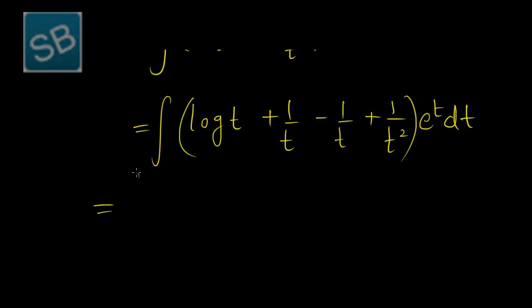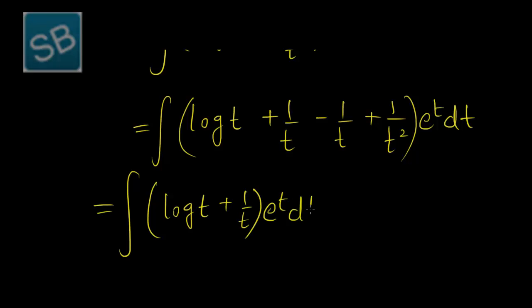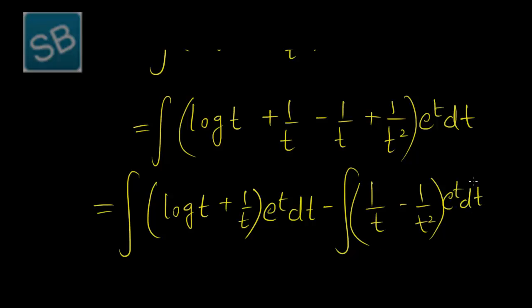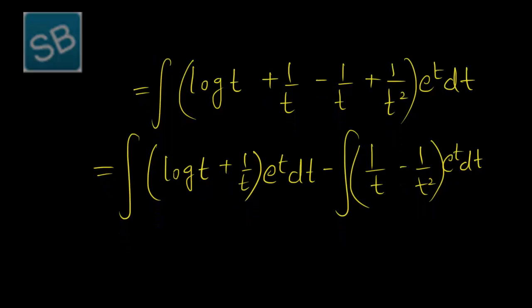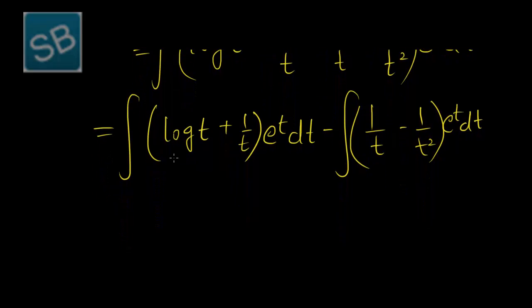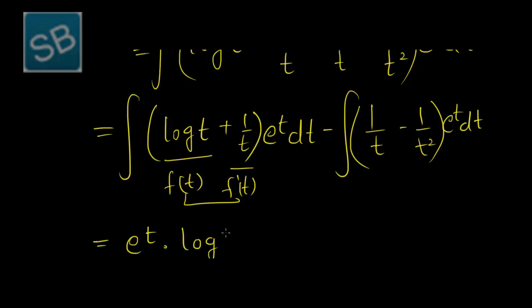So if we see, we get two integrals: the integral of (log t plus 1 by t) e raised to power t dt, minus the integral of (1 by t minus 1 by t square) e raised to power t dt. In this form, this is a function and this is its derivative. So in this case, we get e raised to power t into f of t.